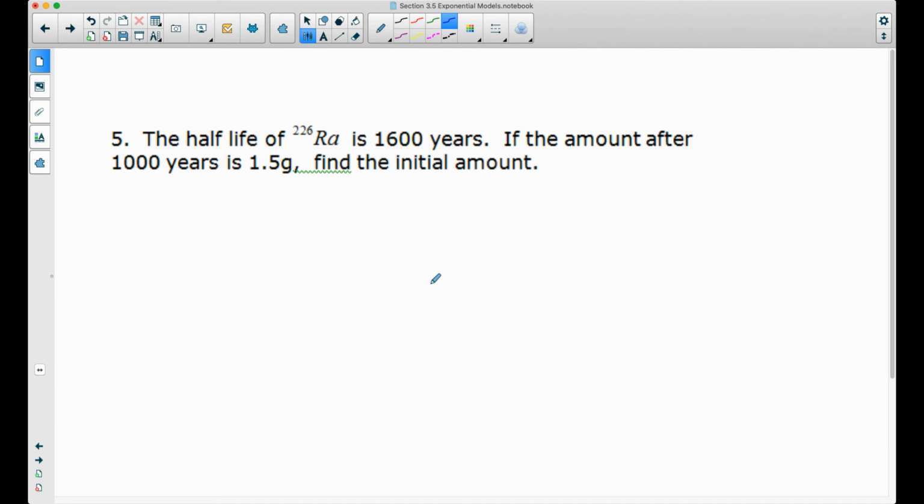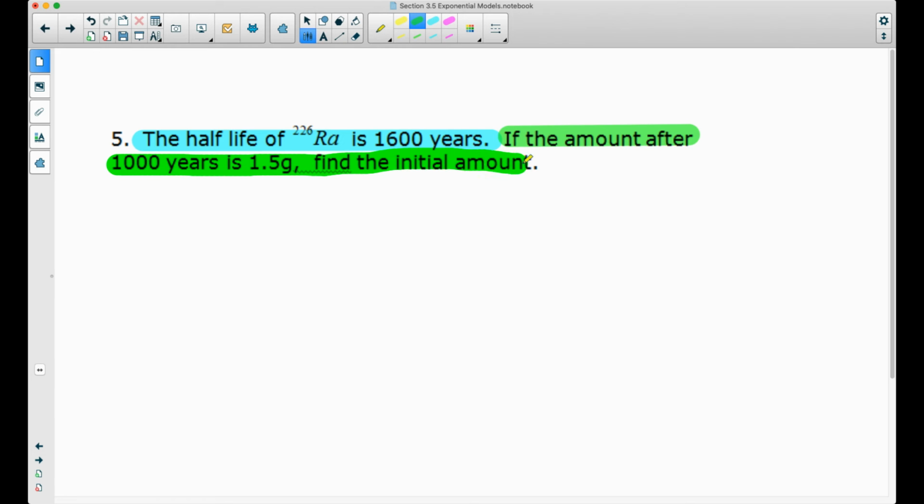Okay, so with these particular questions, to start the problem in general, all you need is the beginning part, okay? That beginning part is enough to get you started, all right? Then from there, we'll use what we get from that one to actually do a second part of the question, okay?